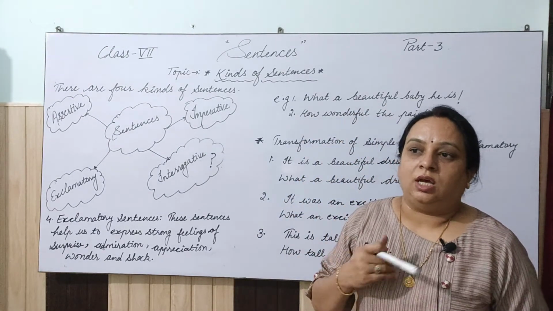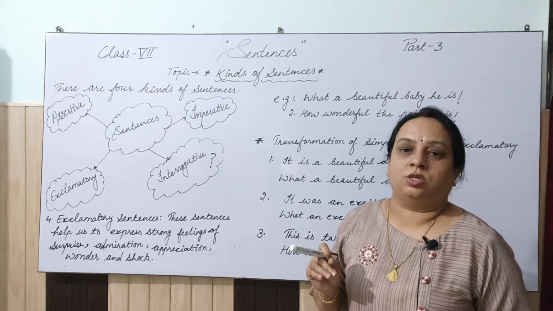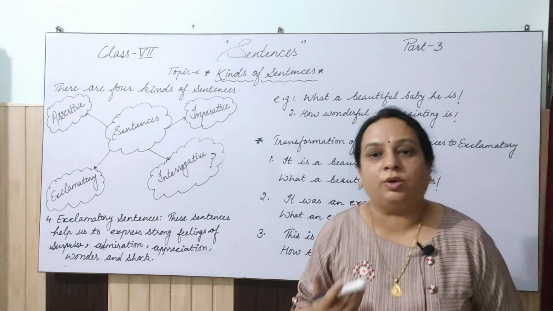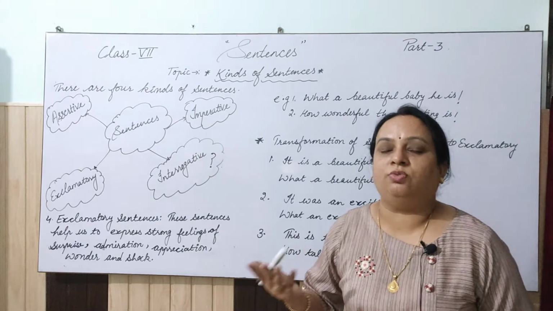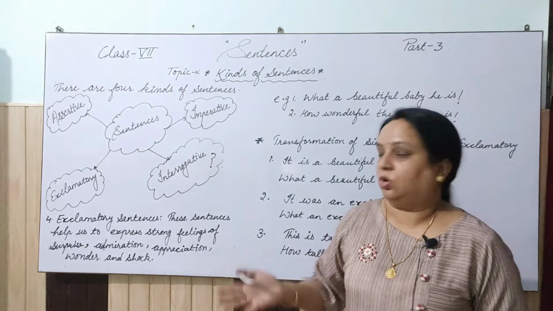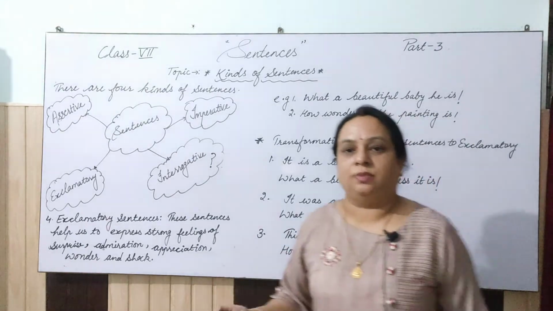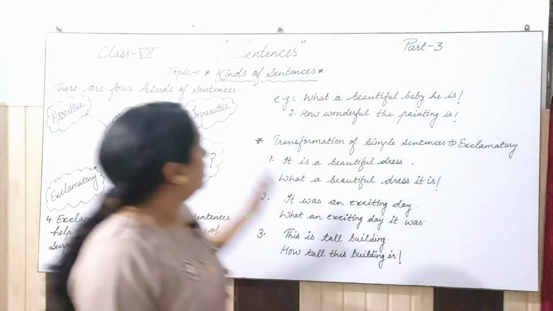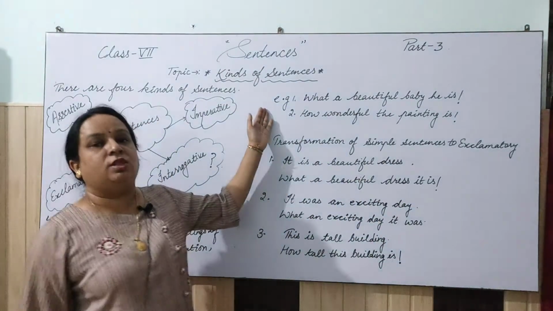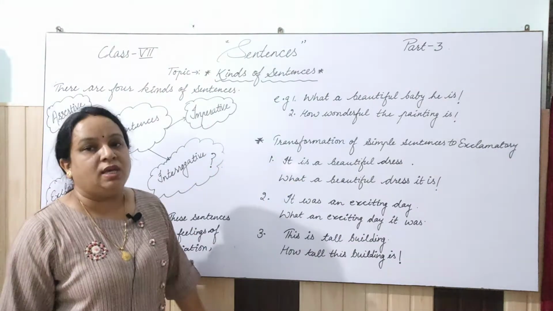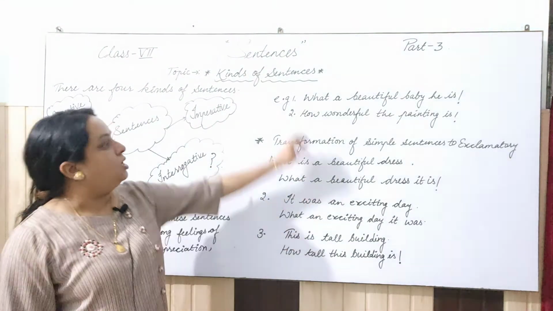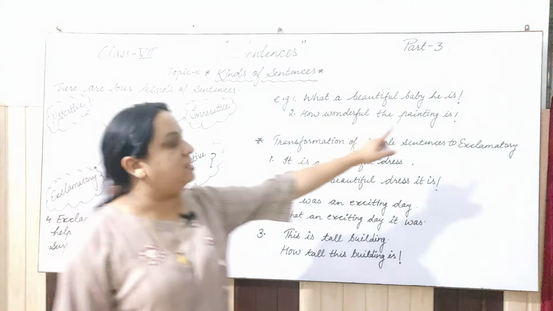Suppose I say, how beautifully you wrote, how beautifully you explained, right? Or, wow, what a beautiful surprise. This is what? An exclamatory sentence. Now, let's understand this with the help of examples. What a beautiful baby he is. How wonderful the painting is.